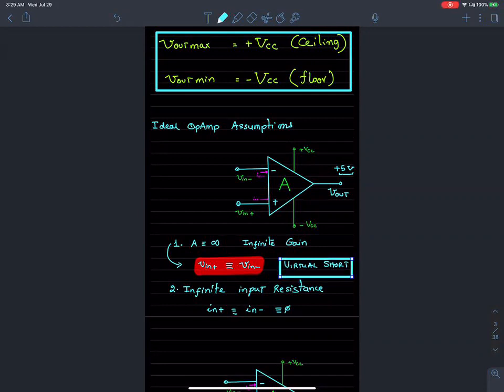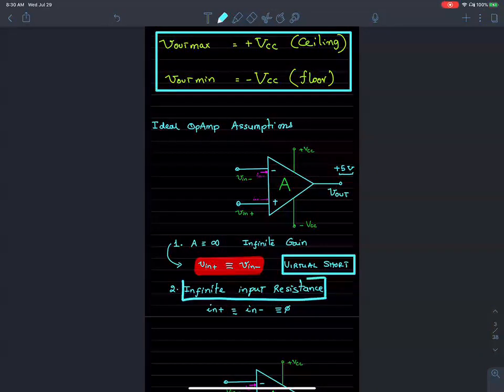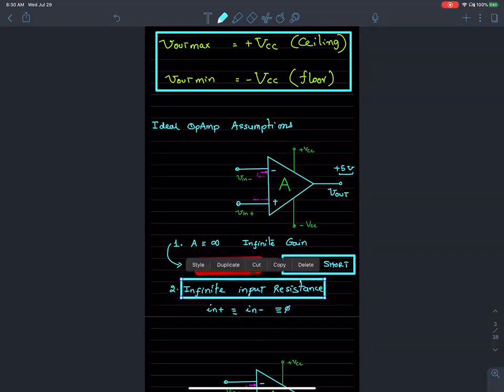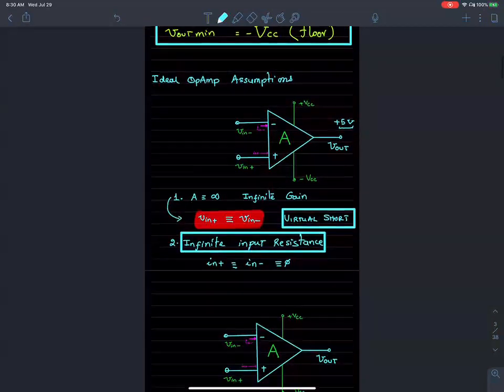And then there's also infinite input resistance. So these are the big conclusions for the op-amp.